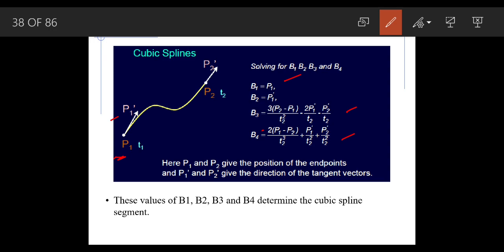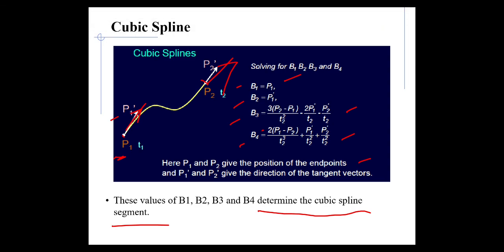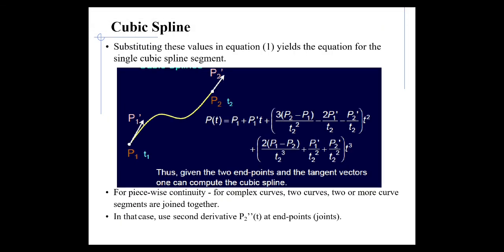Here p1 and p2 give the position of the end points: p1 is the starting point and p2 is the end point, and p1 dash and p2 dash give the direction of the tangent vector. It indicates the direction in which the curve goes. These values b1, b2, b3 and b4 together determine the cubic spline segment.